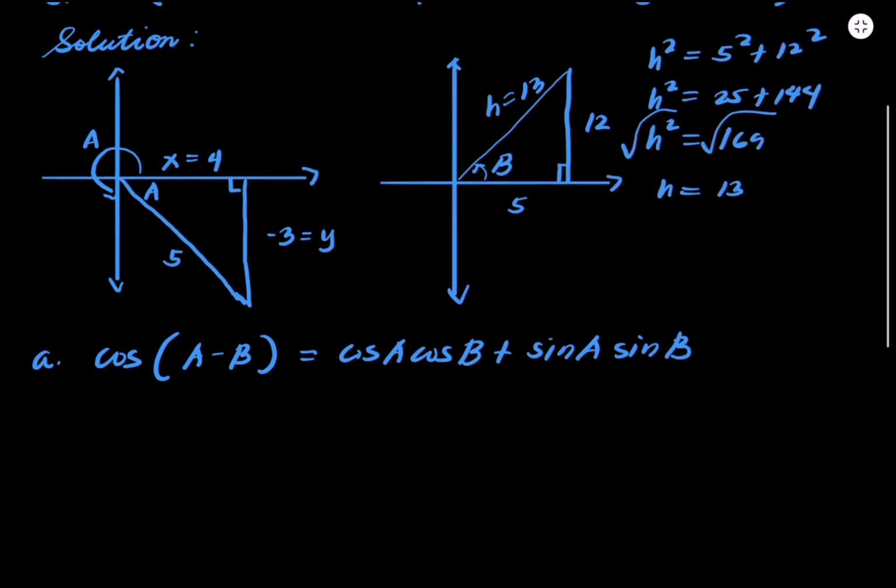Now, let us use the reference triangles, right? So cosine is adjacent over the hypotenuse.